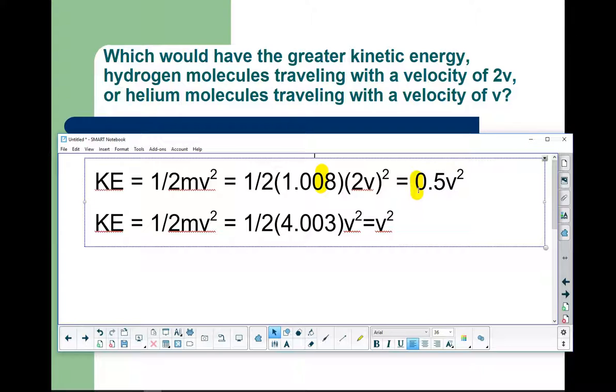Somebody do that in the calculator. 2.016? Don't think that one's right. Are we making sure we're squaring? Oh, that's right, because it's on top. So 2.0 what? 16? Okay, on the bottom, what do we get?